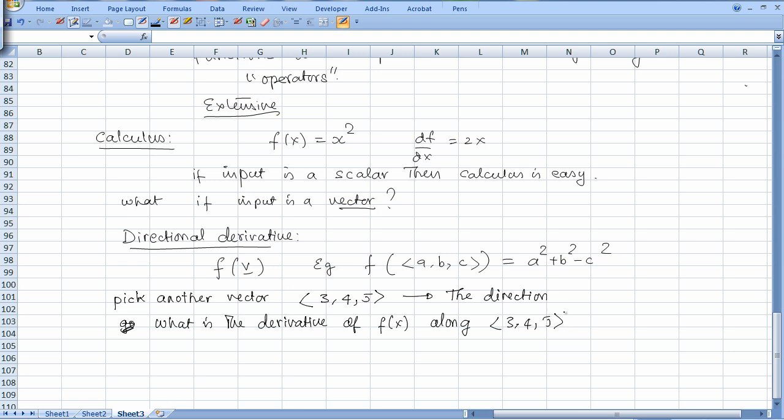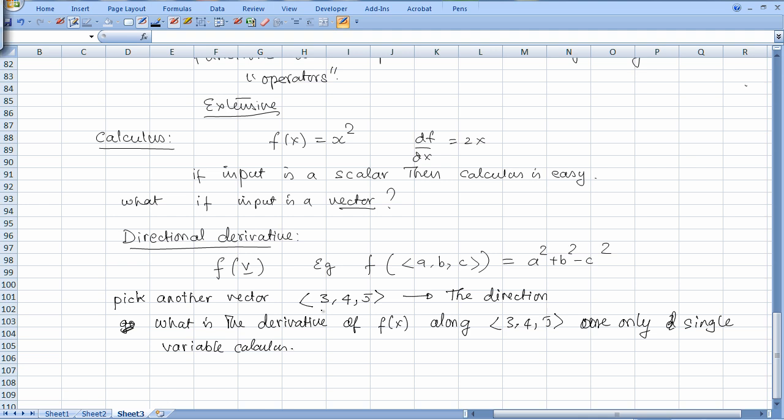And I want you to use only the derivative of single variable calculus. What I mean by that is, I don't want you to talk about gradient and all this stuff here. The only tool you have is single variable calculus.